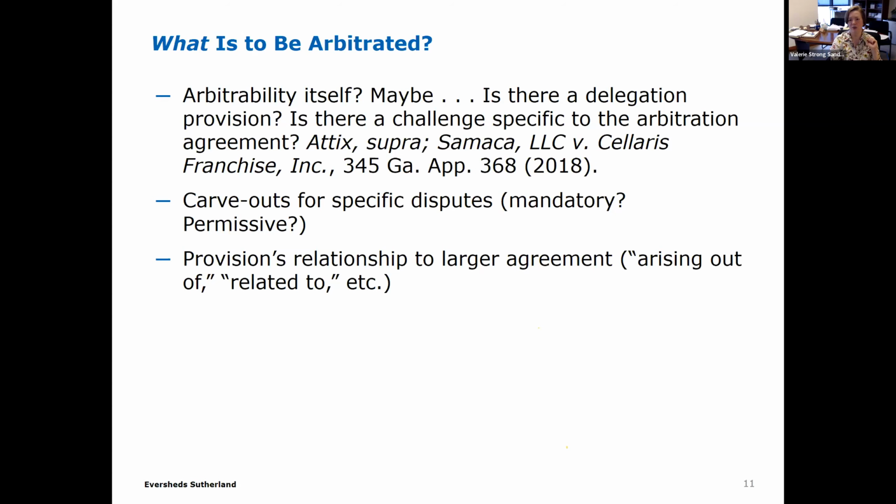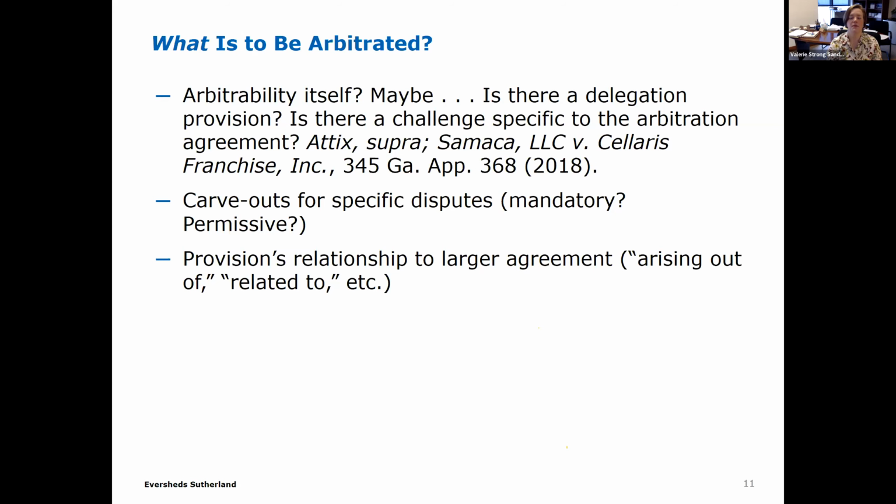Or you might think of it as specific to the arbitration provision in a larger agreement. Just this idea that, okay, my dispute isn't arbitrable because, for instance, this Axion case, which is a recent one. It's in the past couple of months from the 11th Circuit. The issue there was that the plaintiff said, under a provision of the Dodd-Frank Act, my claim is not subject to arbitration.